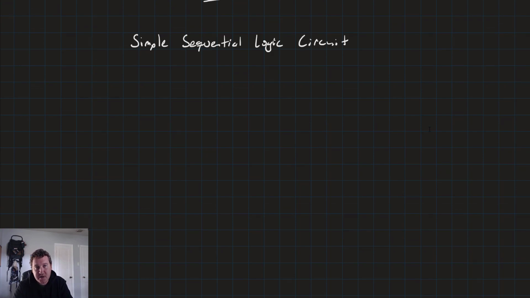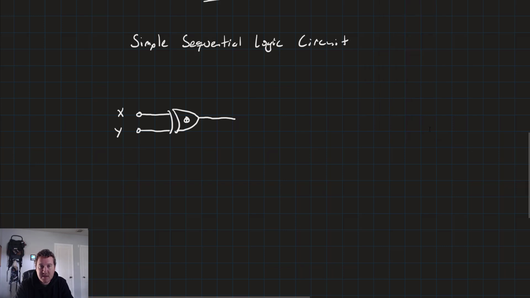So let's design a really simple sequential logic circuit. Let's do the circuit first, and then we'll talk about how to represent it. Let's say that our circuit has two inputs, X and Y, and they are XORed together. And let's say that we have a single flip-flop that has D sub A, C, and A on the output.